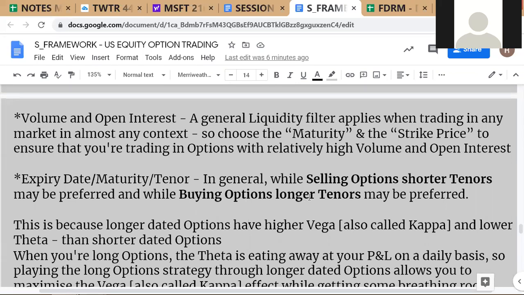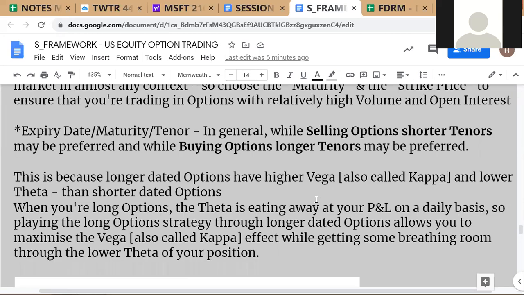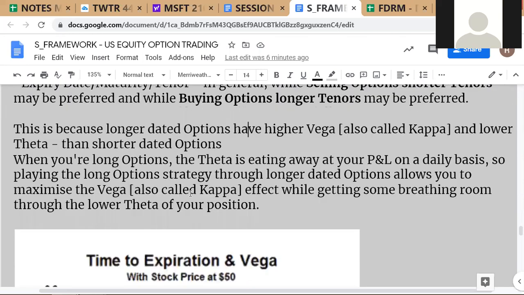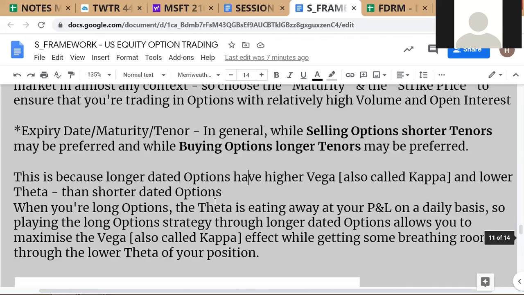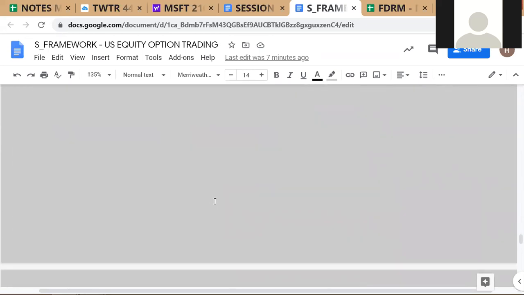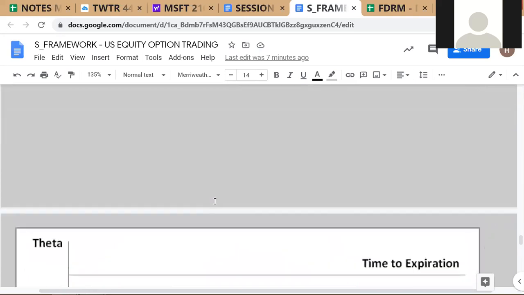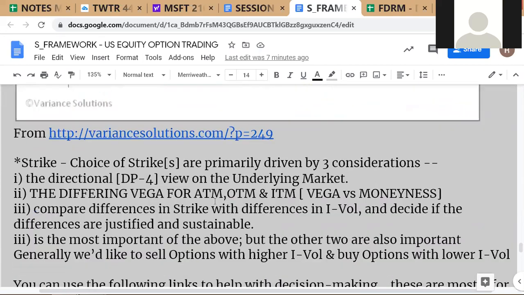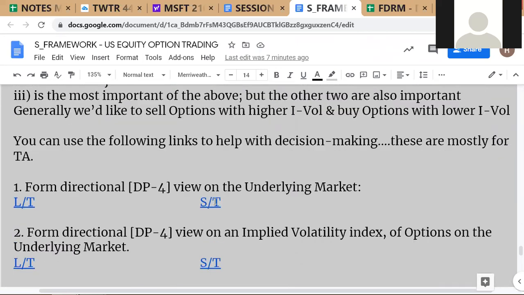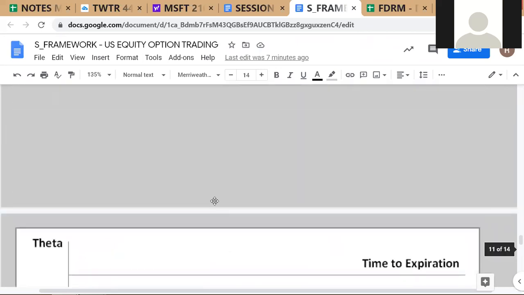Now, remember that we have an expiration here. This is regarding the Vega part of it. Let's look at the theta part of it here, where the expiration is.